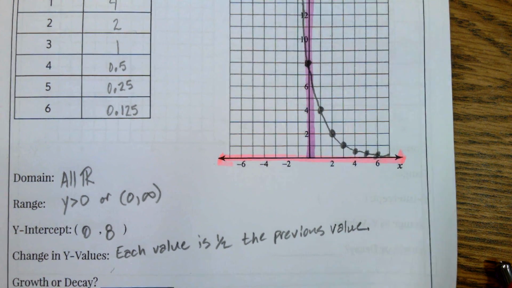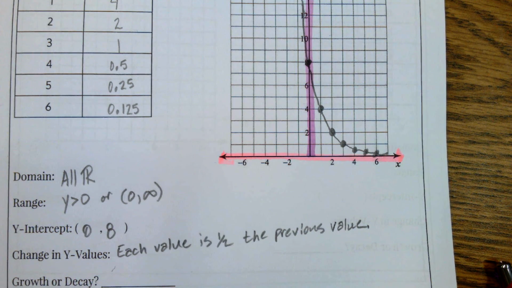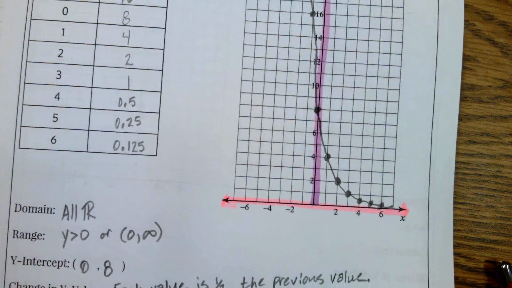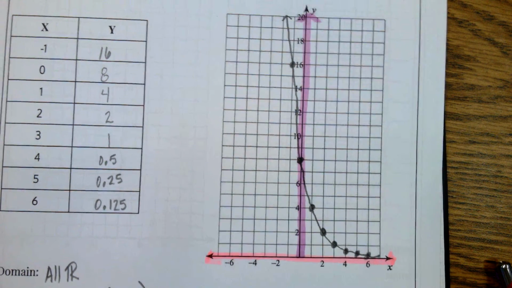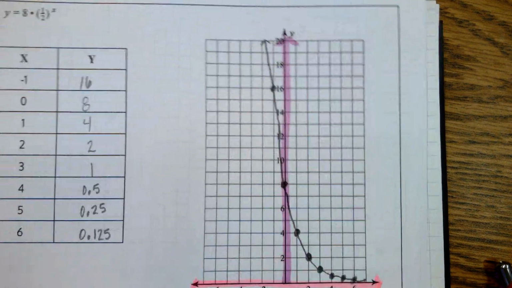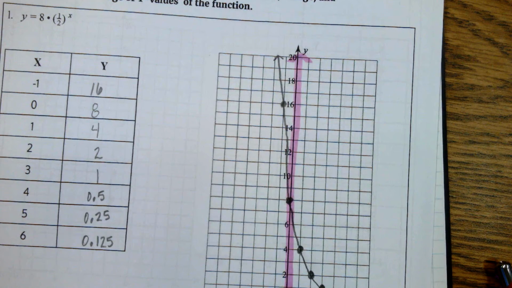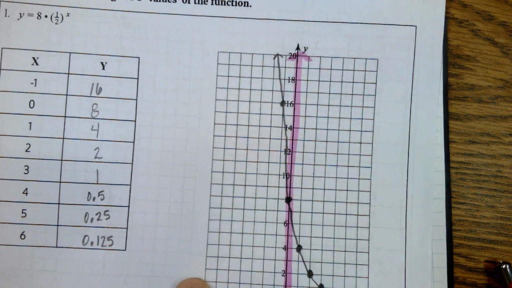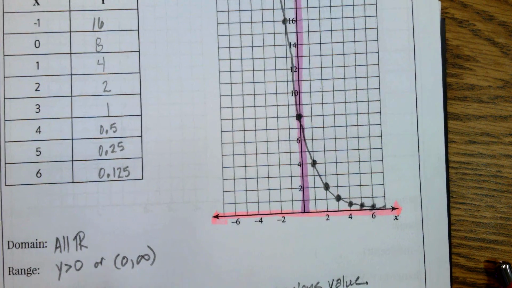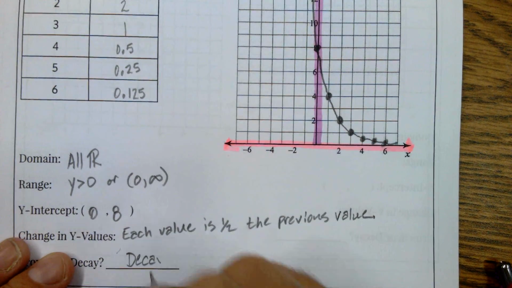You see that pattern is decreasing by 1/2. Okay. All right. Now, the question of growth or decay. It's basically what's happening as you go from left to right. It's decaying, it's dropping. As we go left to right on our graph, it's dropping, it's decaying. If it normally goes from here and increases up, that would be growth. So this is exponential decay.